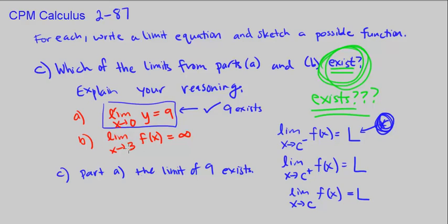Now part B. We know the limit as x approaches 3 of f of x equals infinity. Well, what is infinity? Infinity goes up and up and up, like in our graph, as x approached 3, it went up here and up here, and there's an asymptote at x equals 3. But does infinity exist?